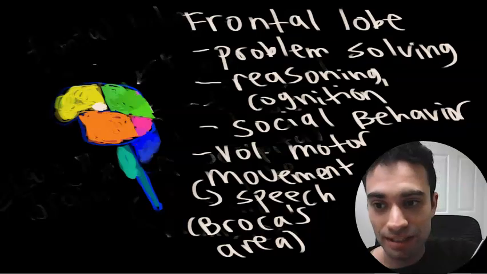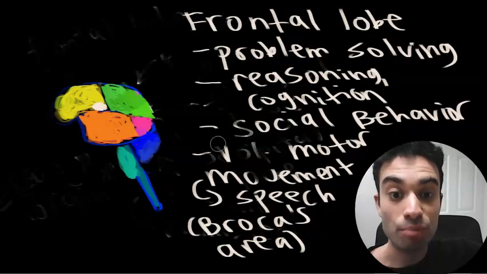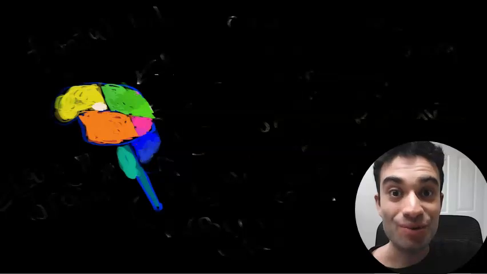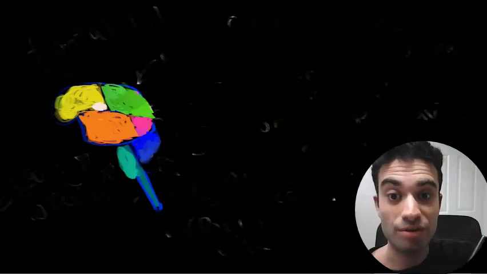Now, let's look at the next one, which is the temporal lobe. So this here is the temporal lobe, this portion in red. So what are the functions of the temporal lobe?